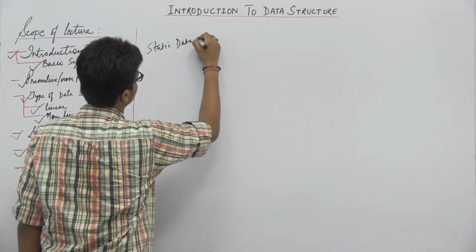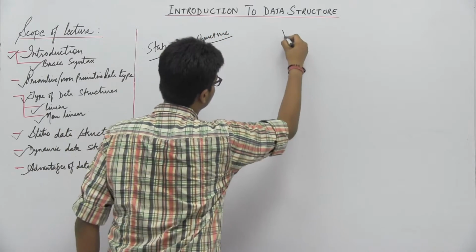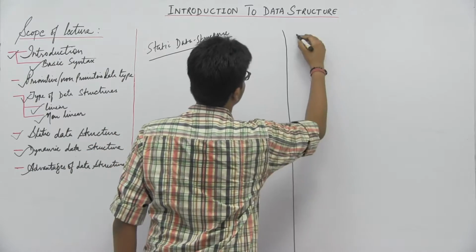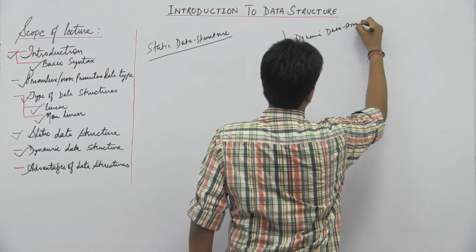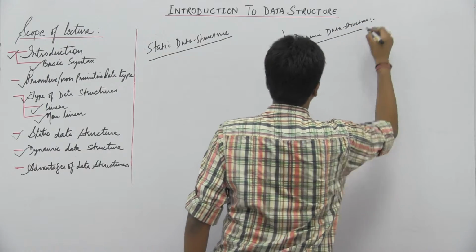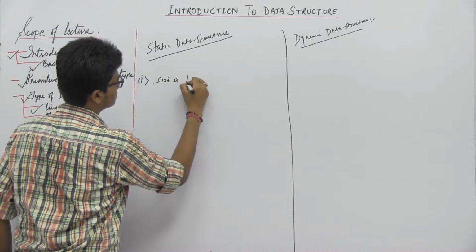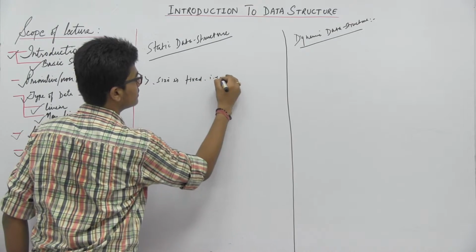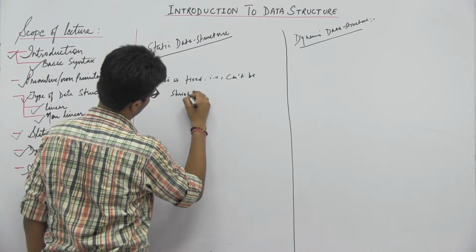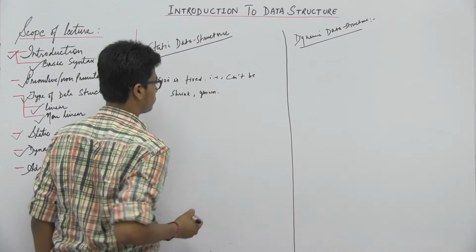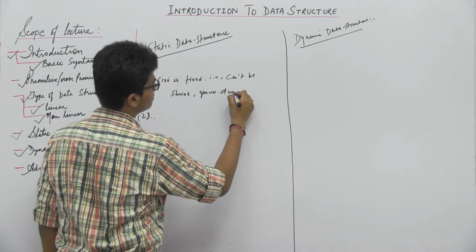Static data structure and dynamic data structure. In a static data structure, the important point is the size is fixed, which means that it can't shrink or grow during runtime.